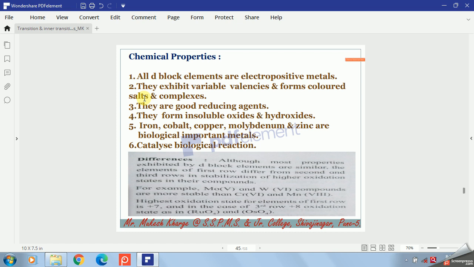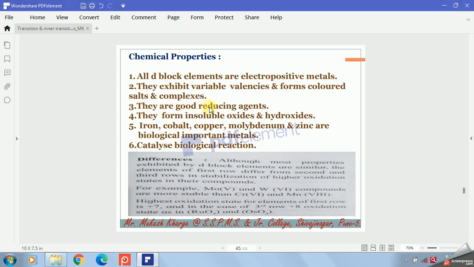They can also form complexes, K3[Fe(CN)6] potassium ferricyanide, then K4[Fe(CN)6] potassium ferrocyanide, and different complexes in which the central metal atom mostly is the transition metal.